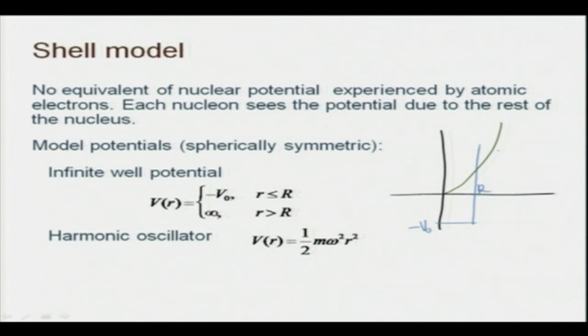So, this is the harmonic oscillator potential. The difference between these two is that the harmonic oscillator is smooth. It gradually goes to, gradually means rather fast, r square to infinity, but there are no abrupt changes, whereas in the case of the infinite well potential, it changes drastically just at r equal to capital R. It changes from minus V0 to infinity.